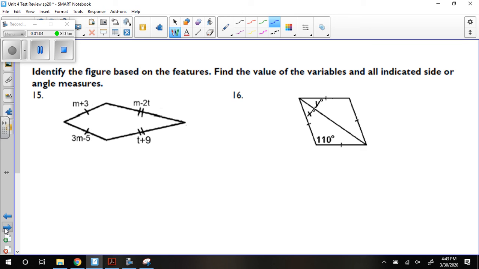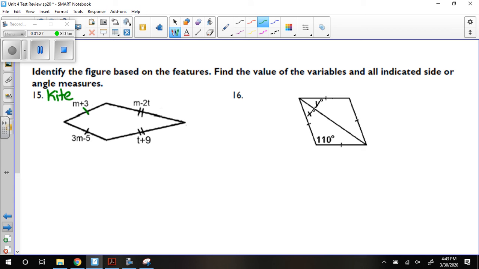Okay, next section. Identify the figure based on the features, find the value of the variables, and all indicated side or angle measures. Okay, so this first figure is a kite, and that is because we have adjacent sides being marked congruent.